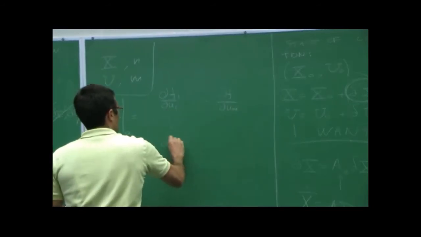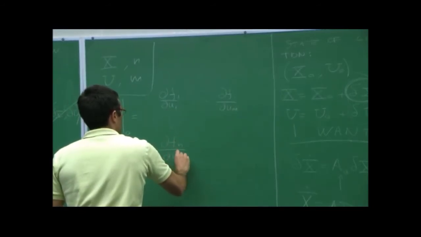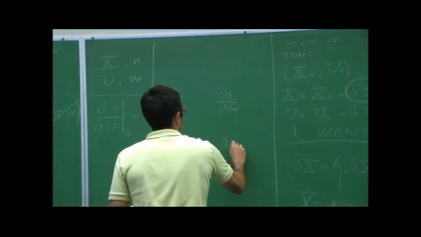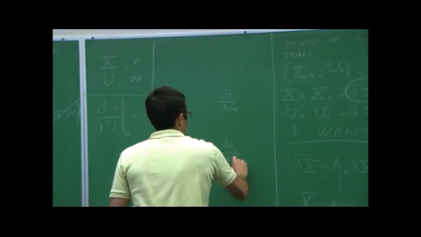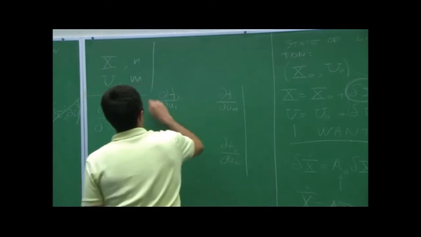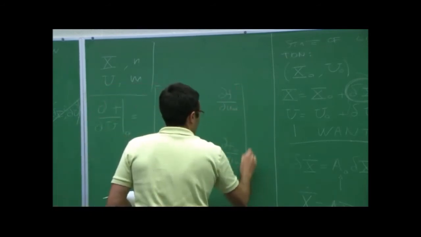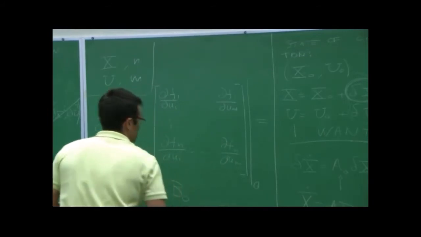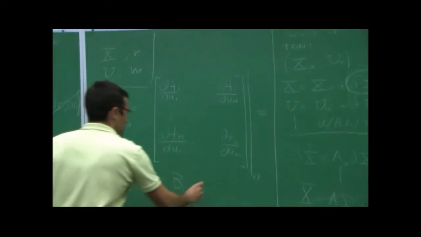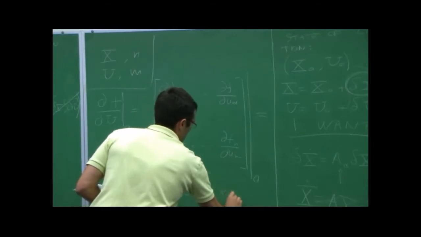And I go all the way down to dfn with respect to u1, and here I have dfn with respect to um. So you take these partials, whatever they look like, you substitute x0 and u0 wherever you see them, and you get another matrix, which is your B0. And this has dimension n by m, as it should be.